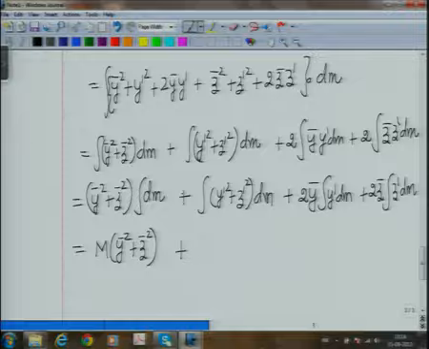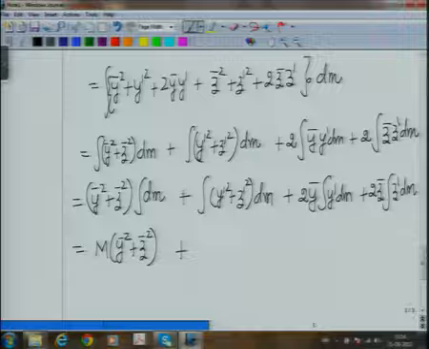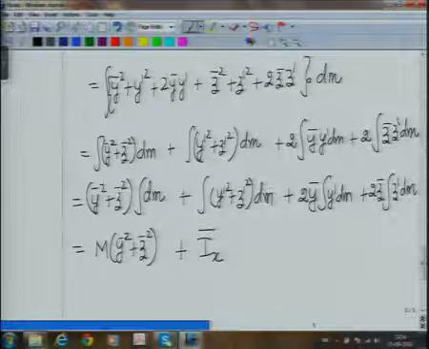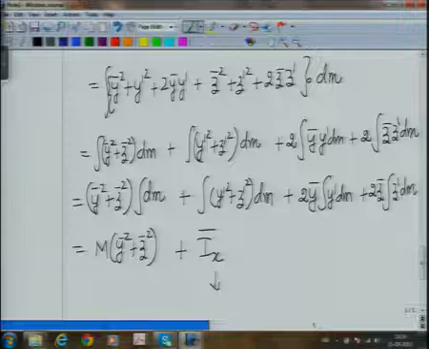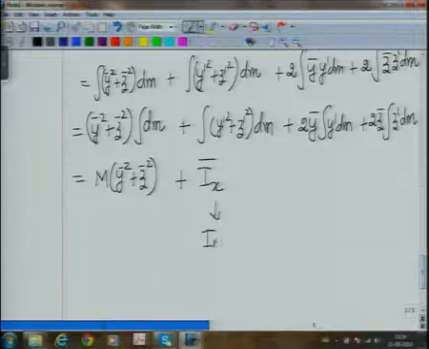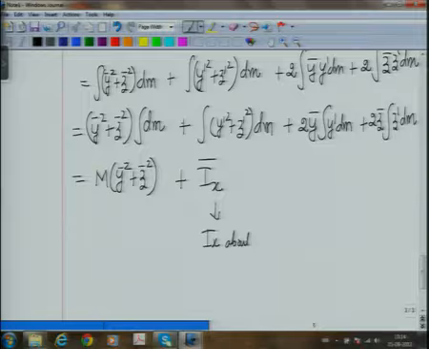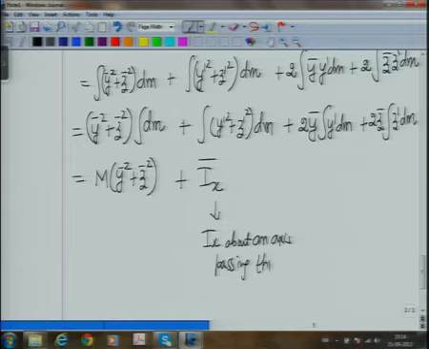So this I can write as Ix, and I put a bar on this to represent this is Ix about an axis passing through G.